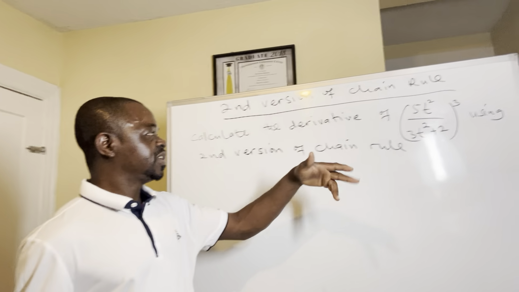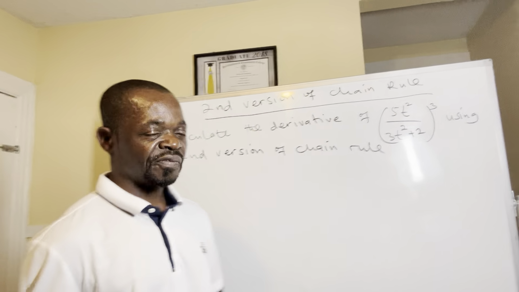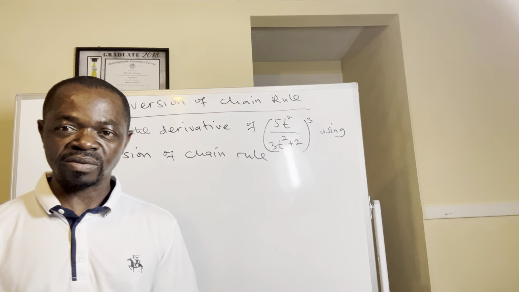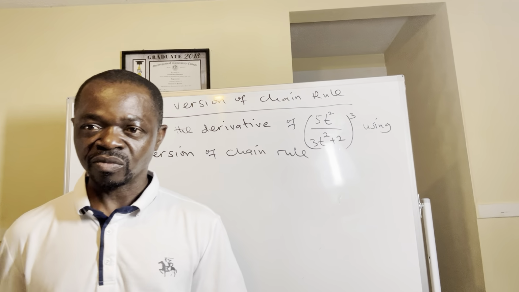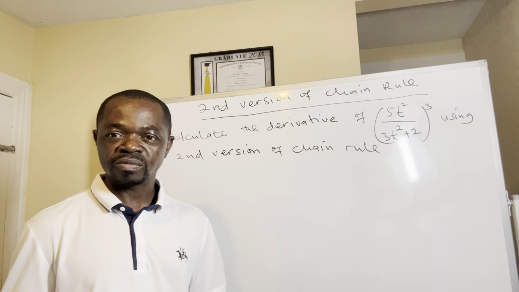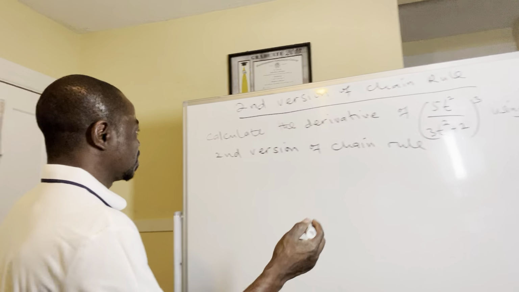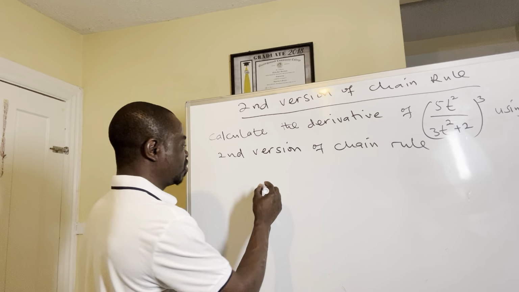It's a complete derivative of, in brackets, 5t raised to the power 2, all raised to the power 3, and all over 3t squared plus 2. So how do we take the derivative of this using the chain rule, the second version? So let's look at our solution.